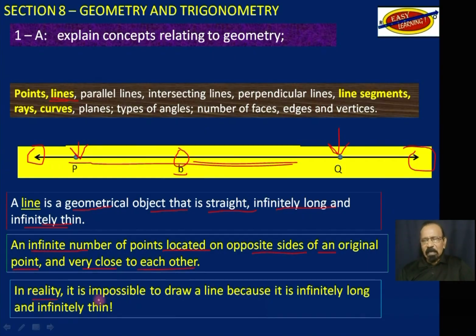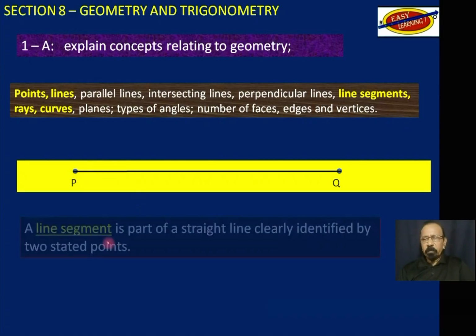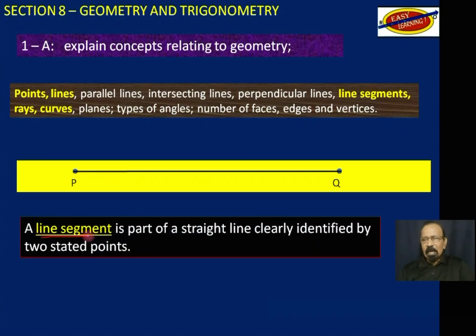Now, in reality, it is impossible to draw a line because it is infinitely long and infinitely thin. And yet you are told to draw a line. And in a little while, I will tell you about drawing a line. We really cannot draw a line. Now, if we take part of a line like that, and we name the two ends P and Q, what we have is a line segment.